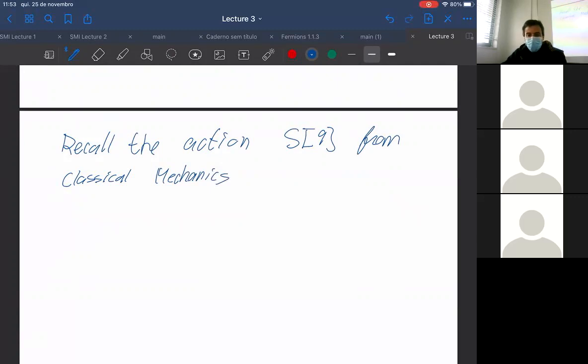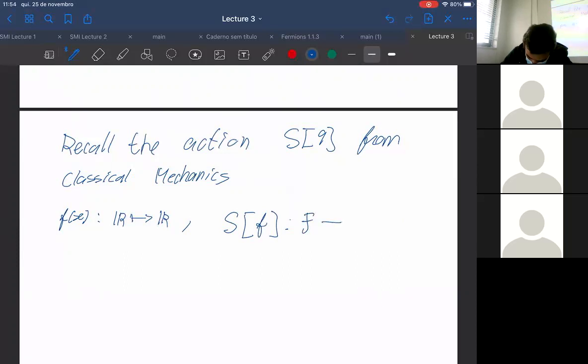I think you remember that a function picks up a number and transforms it into a number. So a function is an application of R in R, whereas a functional, which is the case of this action, picks up a function and transforms something that is in a function space into a number.